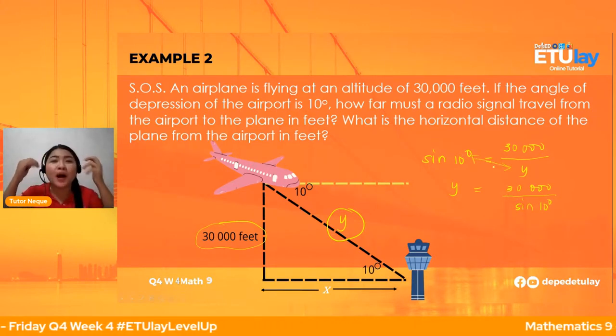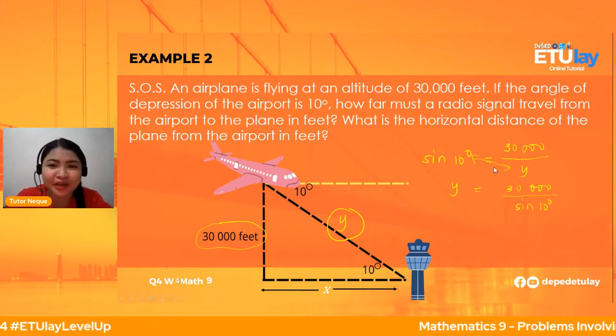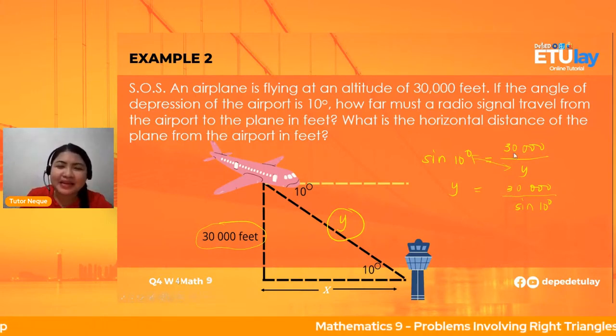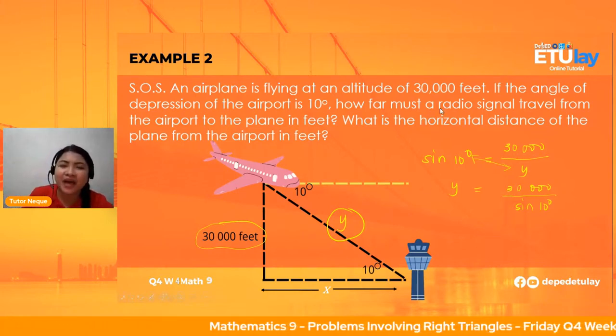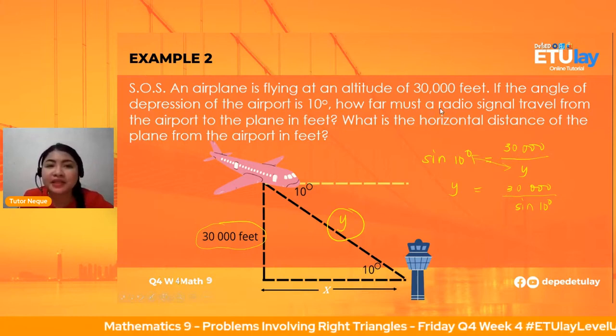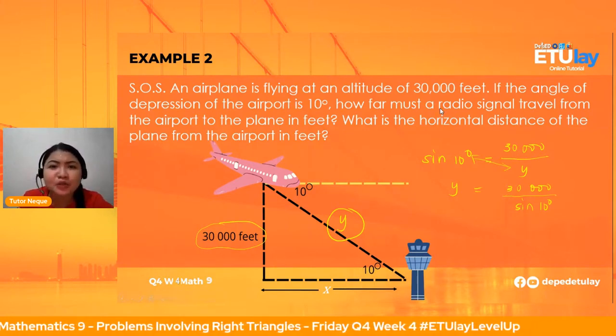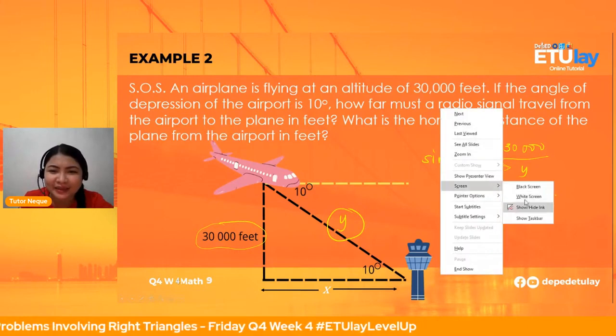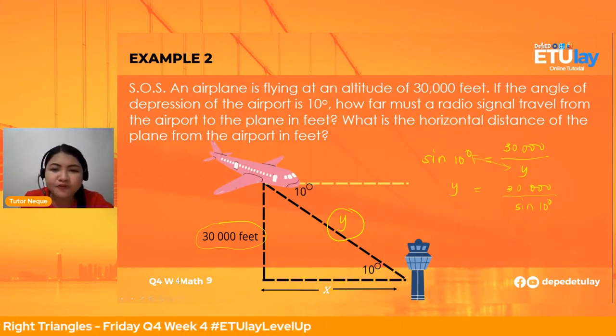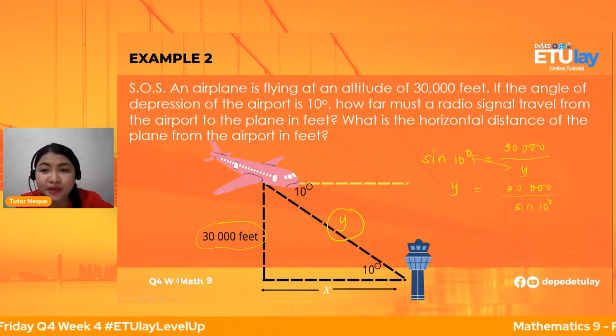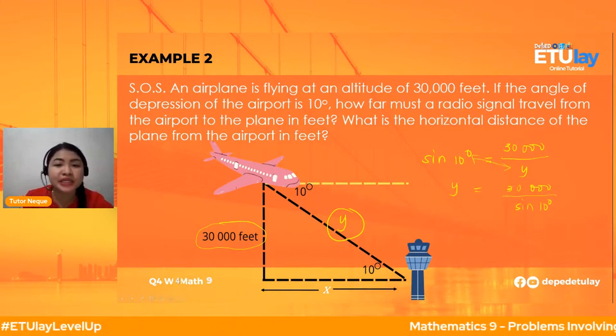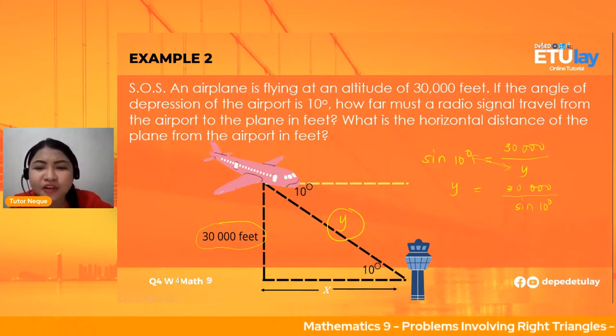We just swap sine 10 degrees tsaka yung y. Okay, nakakasabay na ba? What is the value of y? We already found the value of x. What about y? Tignan natin. How far? Very good. Marami nakakasagot sa horizontal distance. How about the value of y?